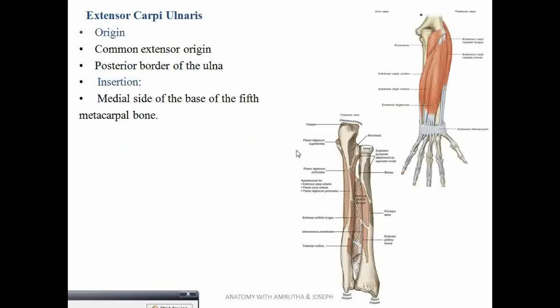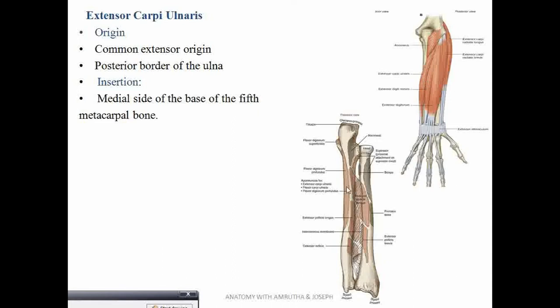Extensor carpi ulnaris, which is the most medial muscle, again medial to extensor digiti minimi, originating as a common extensor origin and also posterior border of ulna. Posterior border of ulna from this area. Insertion.